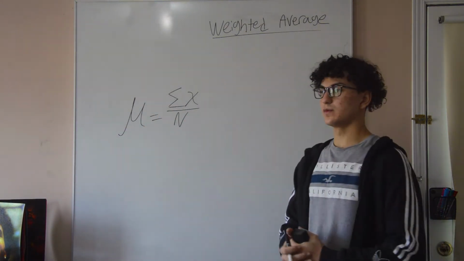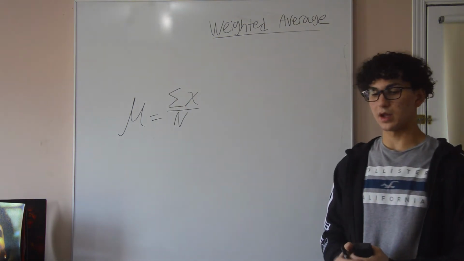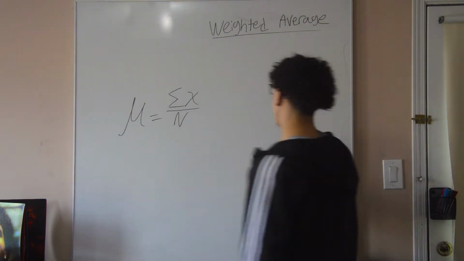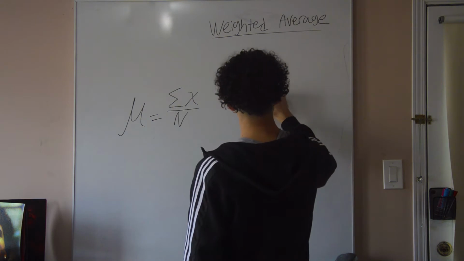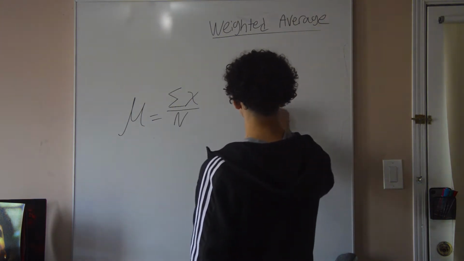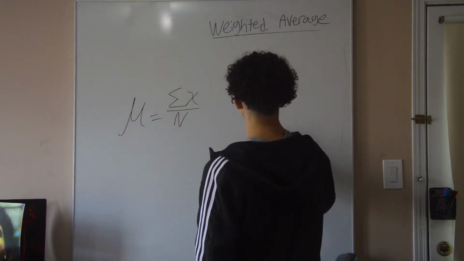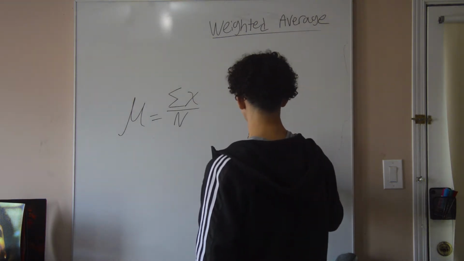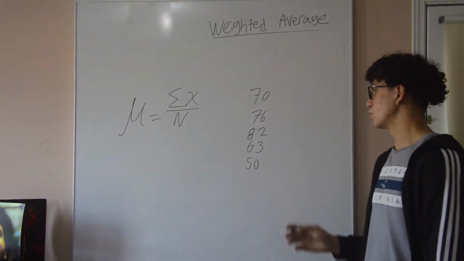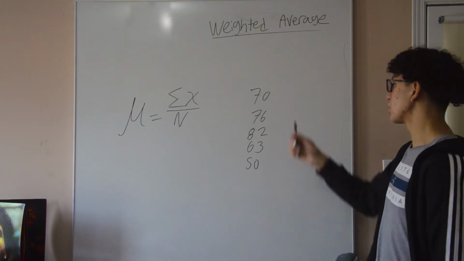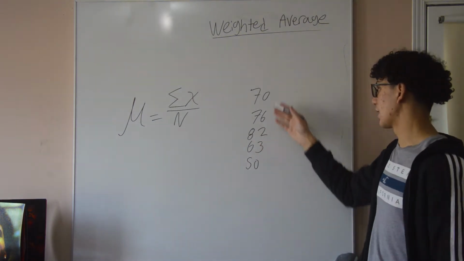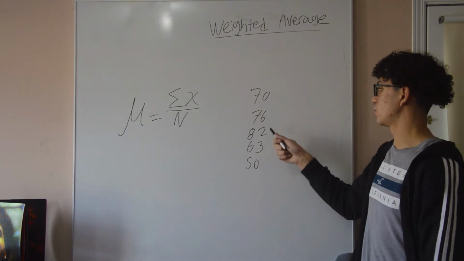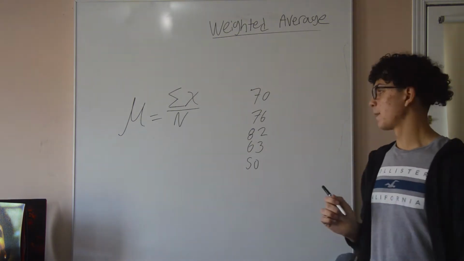If I told you that I'm driving a car and I drive at the following speeds: 70, 76, 82, 63, and let's say 50. And I asked you, what is my average speed? In your head, what you do is you add them all up and you divide it by 1, 2, 3, 4, 5, right?